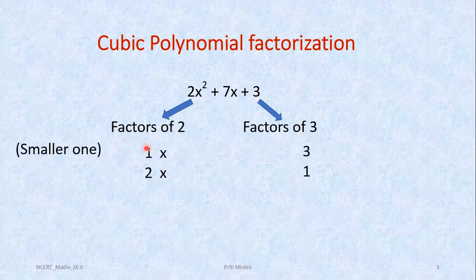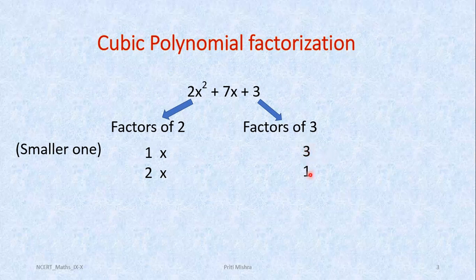We will write 1 and 2 along with x in column format, as 1 is the smaller one, so we write it first. In the same way, we have 3 and 1 written in column format, but we take 3 first, which is the greater factor of 3, because this method is also based a little on trial.